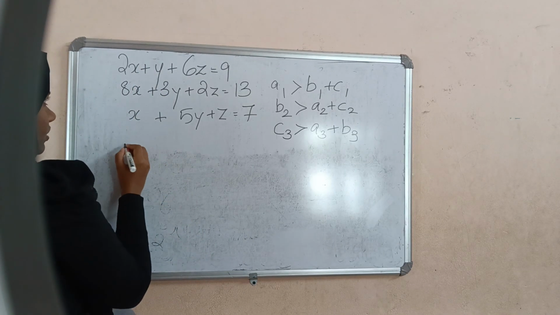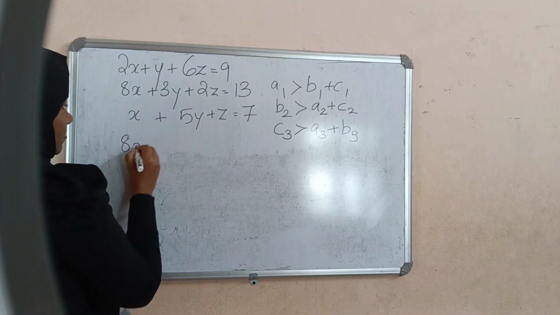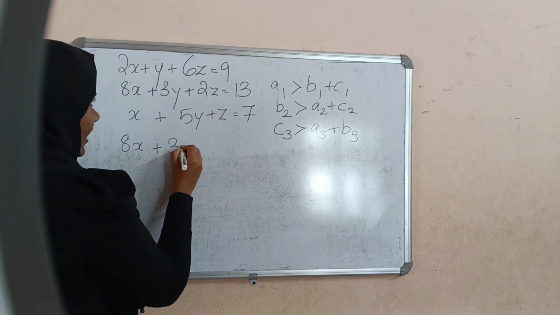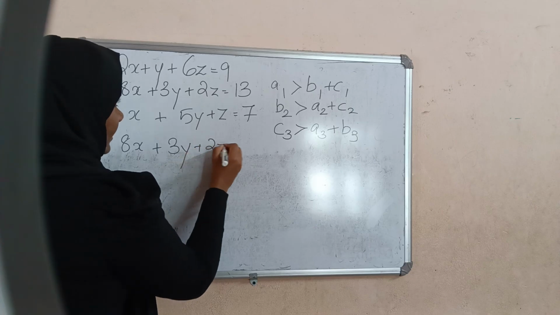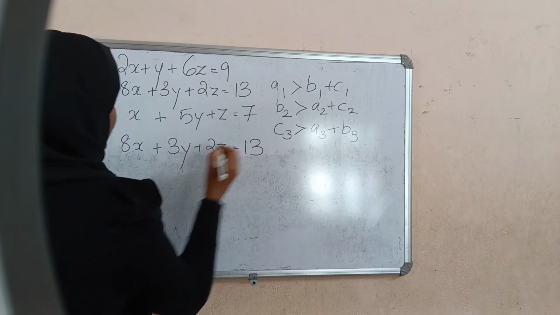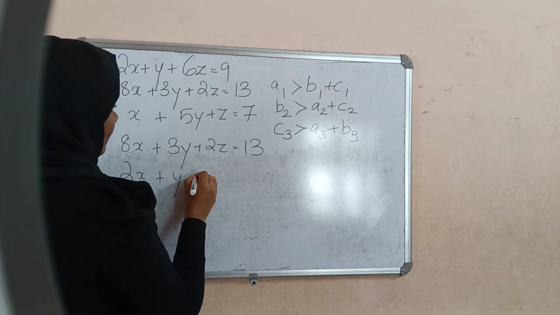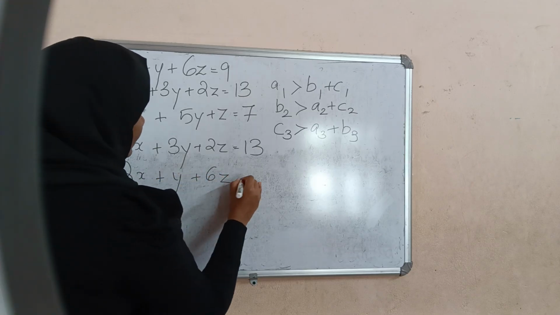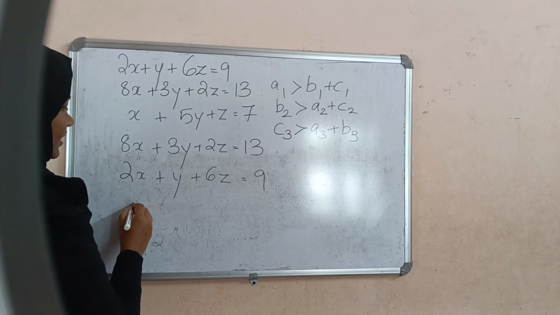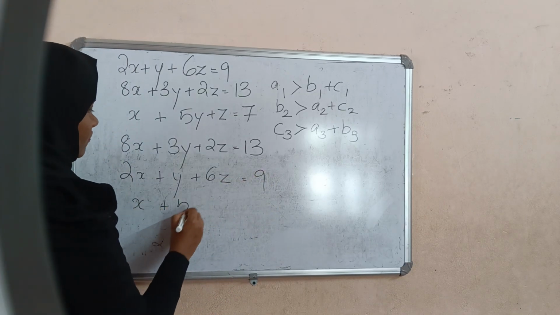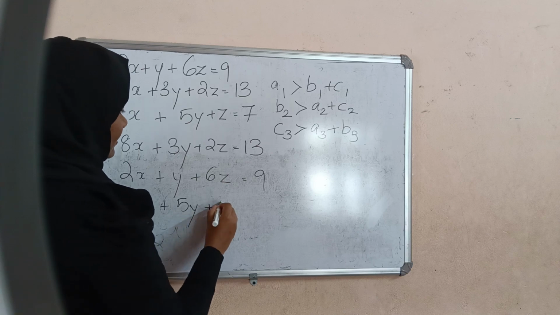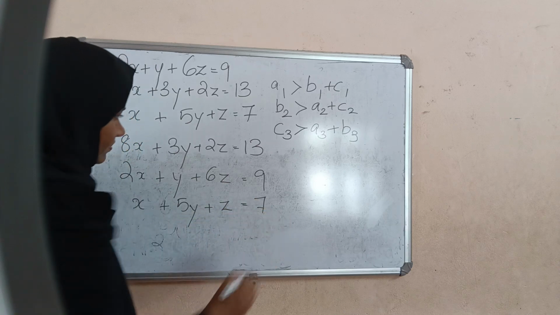So it would be 8x plus 3y plus 2z is equal to 13, 2x plus y plus 6z is equal to 9, then x plus 5y plus z is equal to 7.